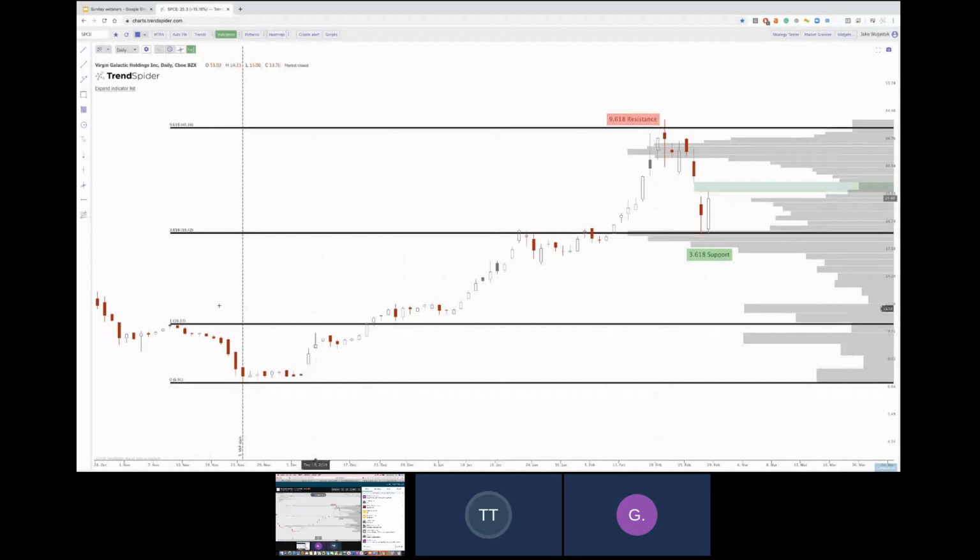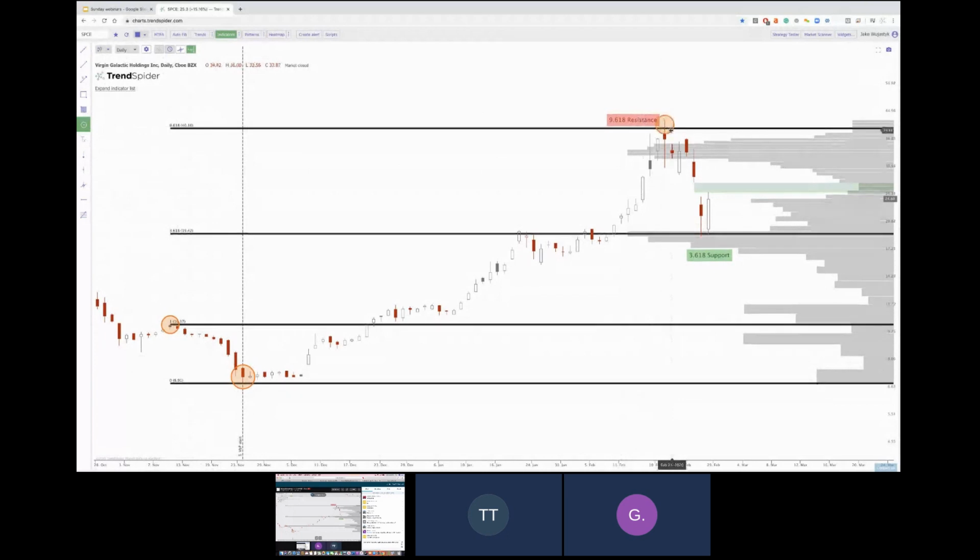That's a really cool case study, where it doesn't matter if you used this measured move here or this measured move here, you're literally going to get the same exact 6.618 zone. And so that was a massive confluence of stuff here.